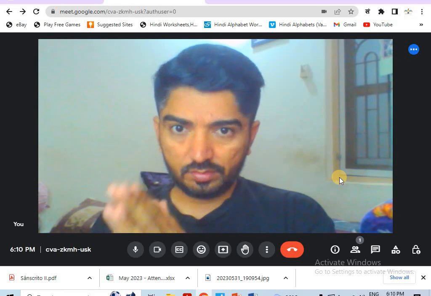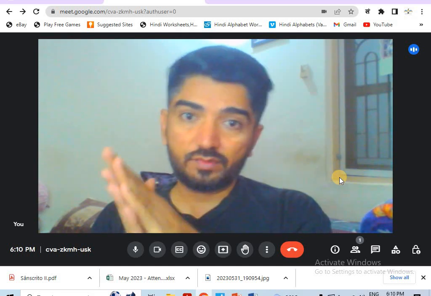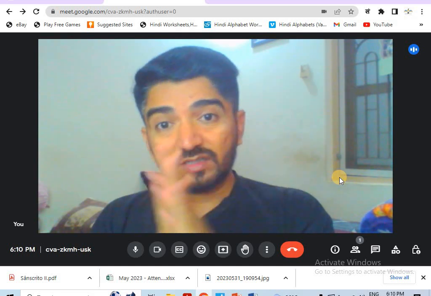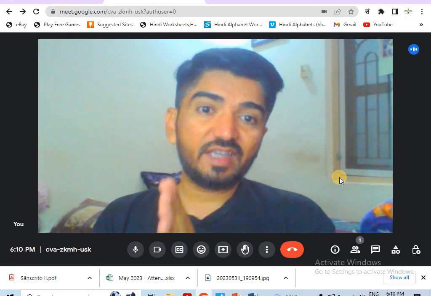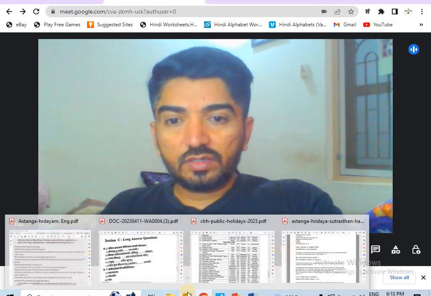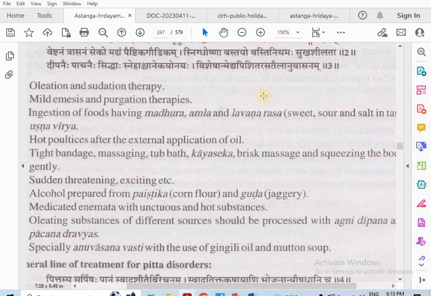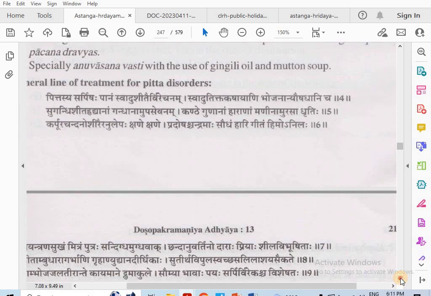Both substances are very useful, and should be used in Anuvasana Basti, especially Anuvasana Basti with these two substances: mutton soup, and second, gingili oil, that is called Taila. So all these things are very important, and this is considered the general line of treatment for vata disorders. Now from shloka number 4 we will understand the general line of treatment for pitta disorders.